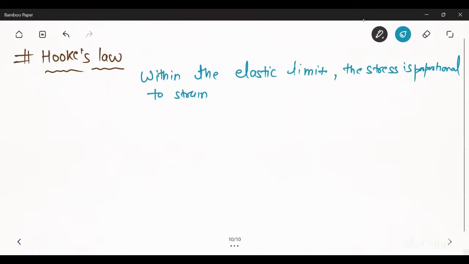So Hooke's law is defined as: stress is directly proportional to strain. If we remove the sign of proportionality, a constant comes in, which is known as the modulus of elasticity.